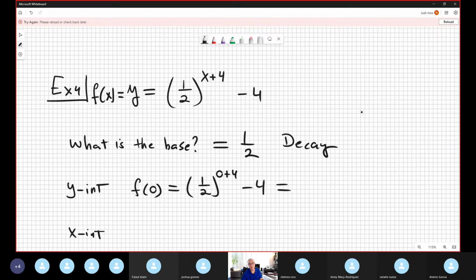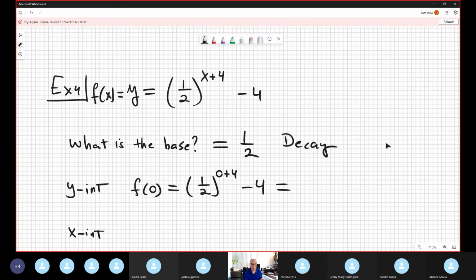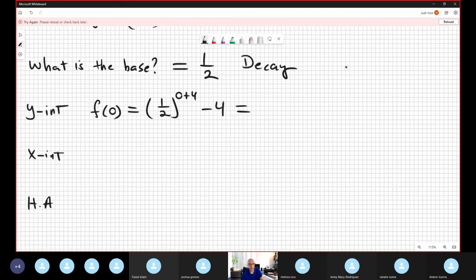This is just the arithmetic part, easy. 0 plus 4 is 4. And 1/2 raised to the 4th power is 1 to the 4th, which is 1, over 2 to the 4th, which is 16, minus 4.